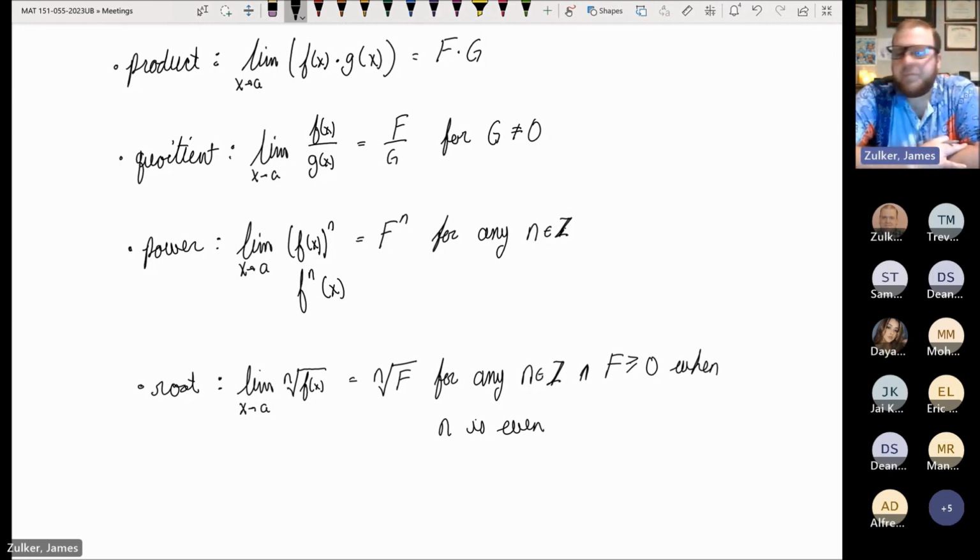The root law. If you take the limit of the nth root of a function, it is the nth root of the limit, with the stipulation that the limit has to be greater than or equal to 0 if n is even, right? You're not allowed to take, for instance, square root of a negative number. That moves into the complex plane. And calculus is the study of real valued functions.